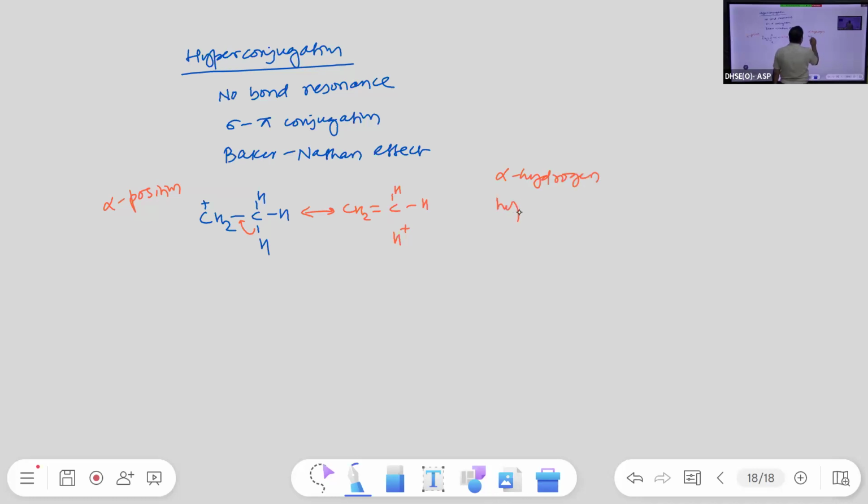that is known as hyperconjugative hydrogen, hyperconjugated hydrogen.